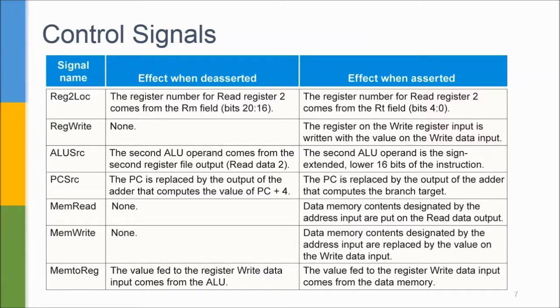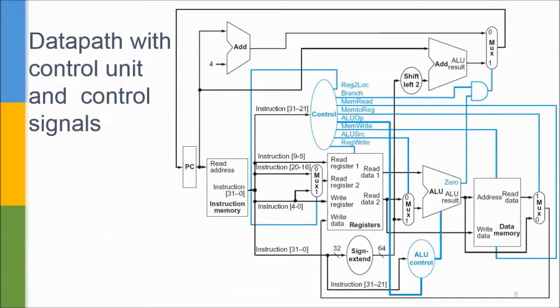So this figure shows the data path with the control unit and the control signals.